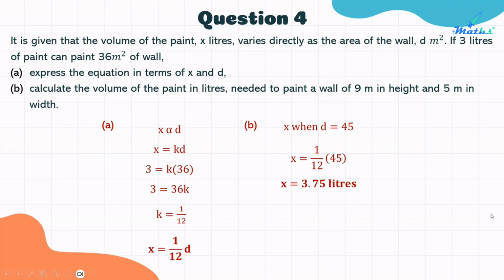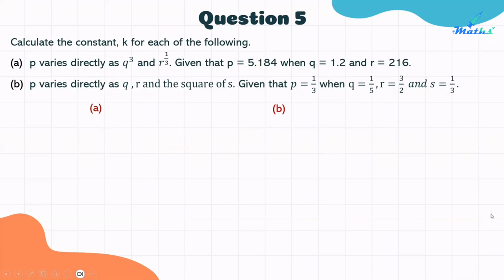Okay, question 5. Calculate the constant k for each of the following. P varies directly as the cube of Q and R power 1 over 3. Given that P equals 5.184 when Q equals 1.2 and R equals 216.